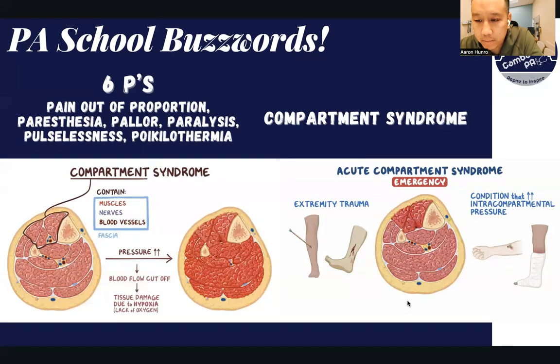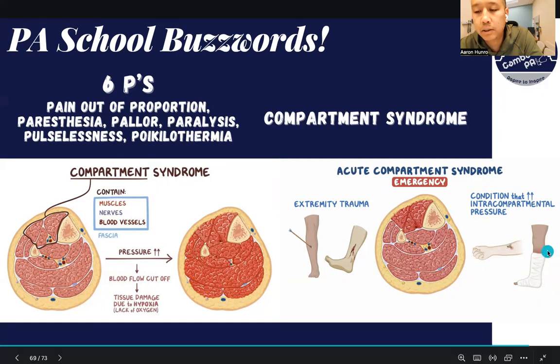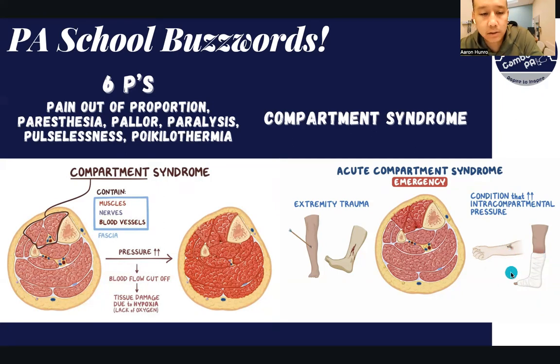It doesn't even have to be just trauma, but it could be, say, for example, you're cutting off circulation in a cast or a boot, right? Or even just an allergic reaction to a bee sting, things like that can cause different acute compartment syndromes.